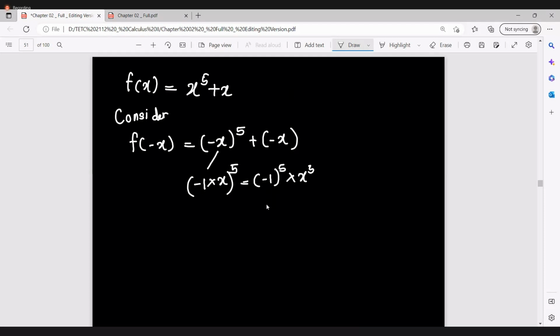So this is equal to minus 1 times x to the power 5. So what is the answer? This is equal to minus x to the power 5 plus minus x, which is minus x. Here the coefficient of x to the power 5 is minus 1 and the coefficient of x is also minus 1.